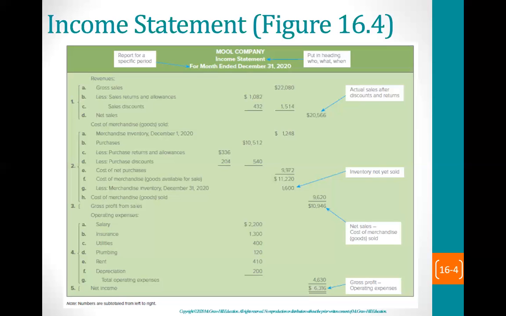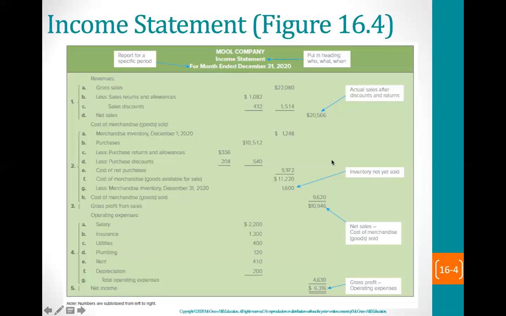So when you have your purchases, less your allowances, returns, and discounts, you get net purchases. Net purchases plus beginning inventory gives you cost of goods available for sale. Cost of goods available for sale less the inventory you still have on hand at the end of the period gives you cost of goods sold.